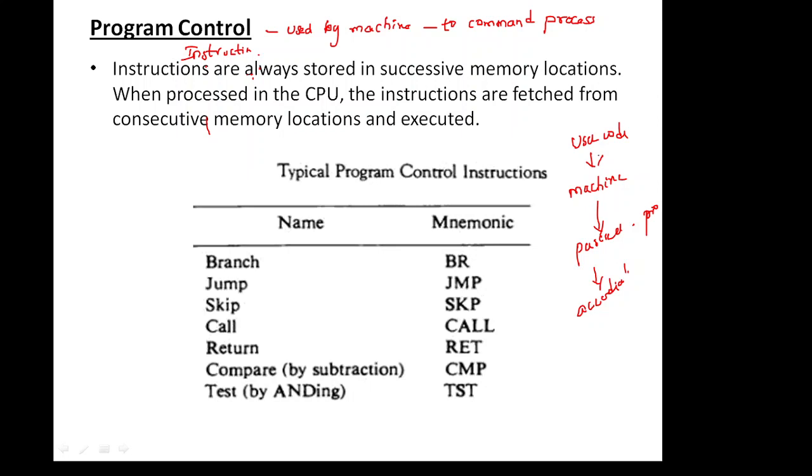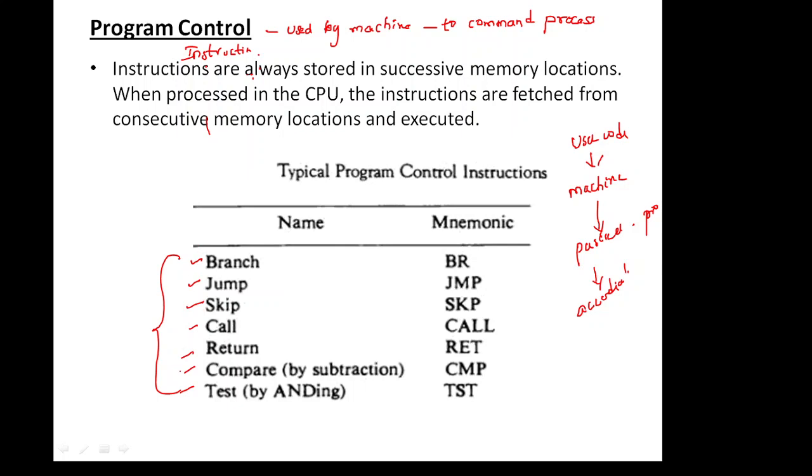There are different types of program control instructions. Some of the instructions I have listed here: branch instruction, jump, skip, call, return, compare, test. By making use of these instructions, we are controlling the processor to do any sort of work.